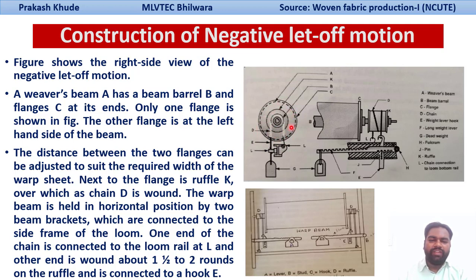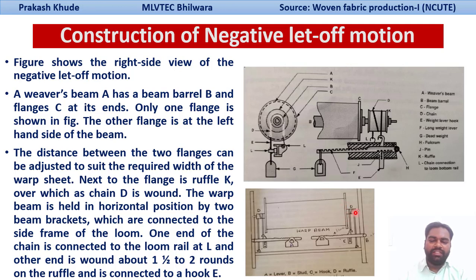Only one flange can be seen in this figure, and the other flange is on the other side of the beam. The weaver's beam has two flanges at the ends, and the distance between these two flanges can be adjusted to suit the required width of the warp sheet.